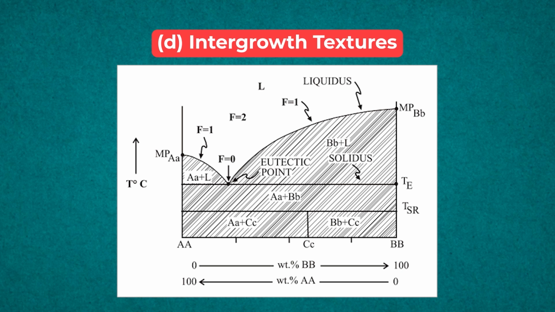Similarly, the other component has a slightly lower melting point, starts crystallizing from MP point, and it follows a curve which has a degree of freedom of 1. Now these two curves meet together at one point, which is called the eutectic point, where the degree of freedom is 0. Below this point, you get mixed crystals formed having composition of AA plus BB.